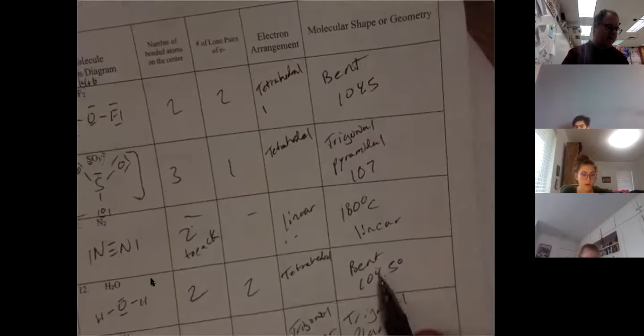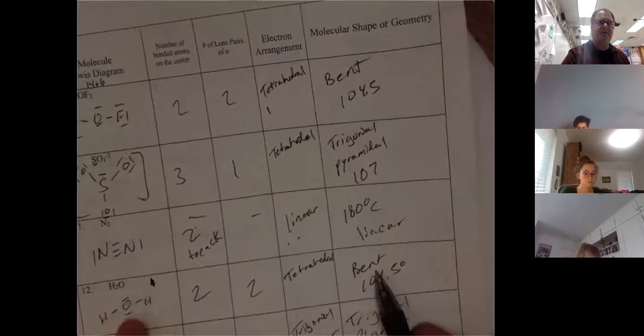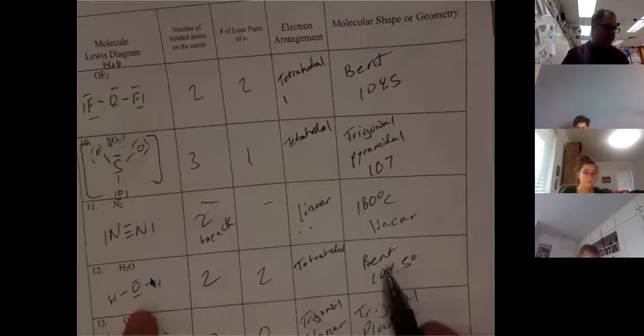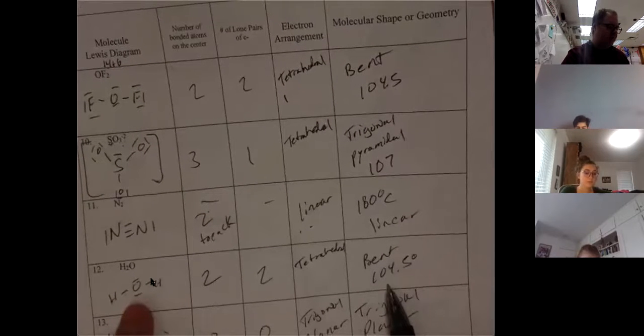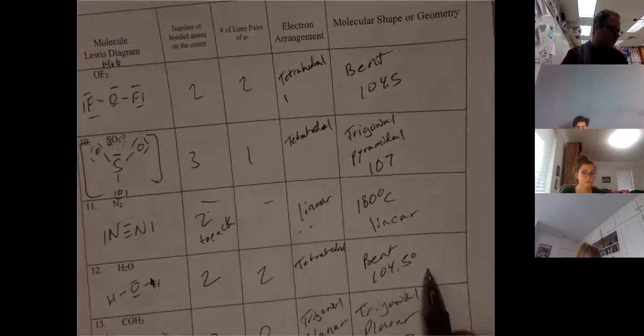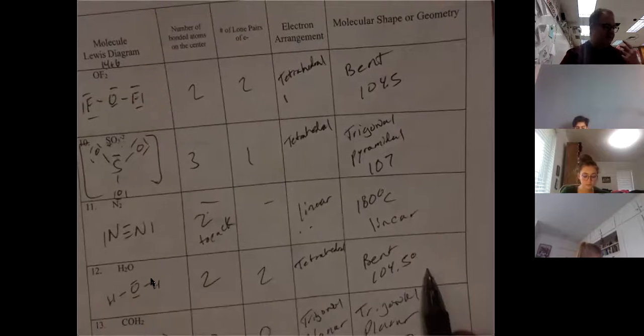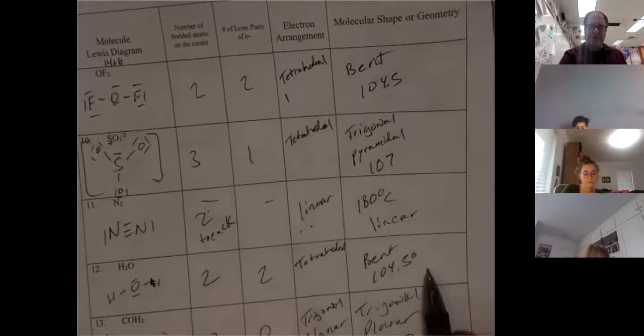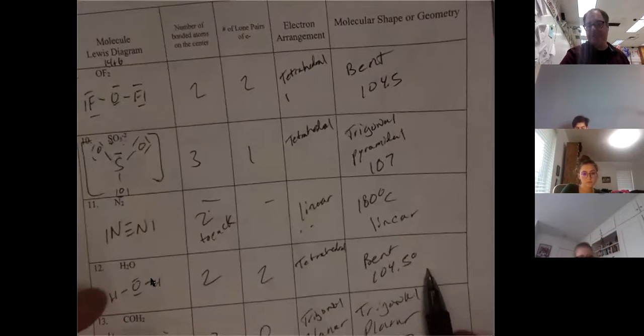Is there a difference between angular and bent? The key is that angular and bent are the same word. But if it has two bonds and two unshared pairs, then it has a 104.5 degree angle. If it has two bonds and one unshared pair, then it's 120.